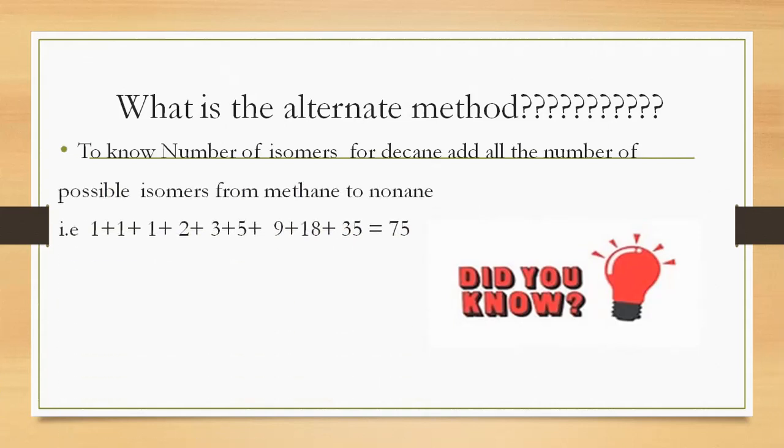See, methane, ethane, propane have only one isomer each. Then butane has 2, pentane has 3, hexane has 5, heptane 9, octane 18, and nonane has 35 isomers. And if I add them together, it gives 75 also. And previously, how much did we get?